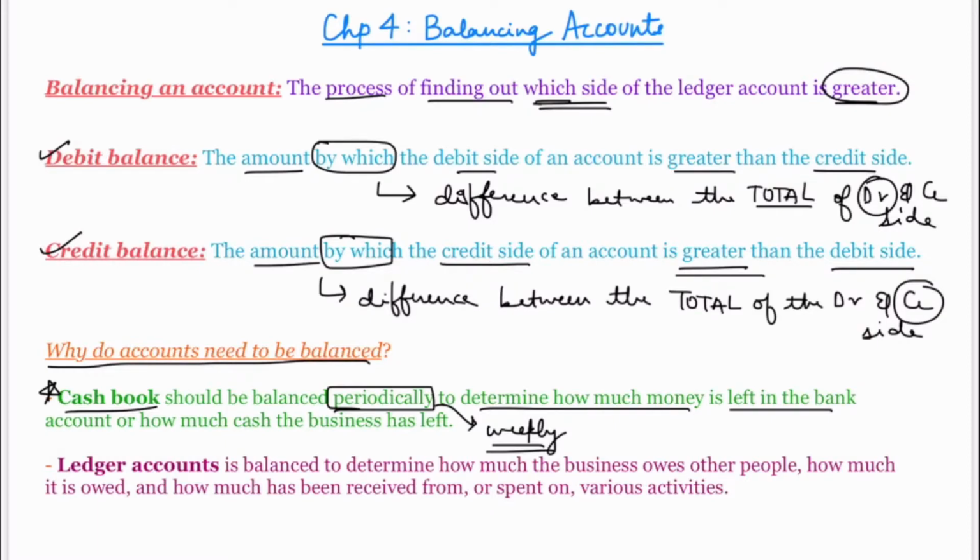Now ledger accounts are balanced to determine how much the business owes other people, how much it is owed, and how much it has received from or spent on various activities.